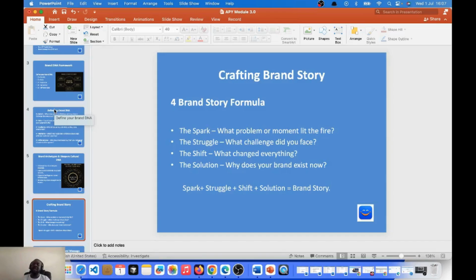So let's look at what can ignite a brilliant brand story. I believe the very first thing you need to consider is the spark, which means: what problem or moment lit the fire? If you are observant and brilliant enough to spot a case study that ignites a story people can resonate with, that is a clue that a brand can be built around it.